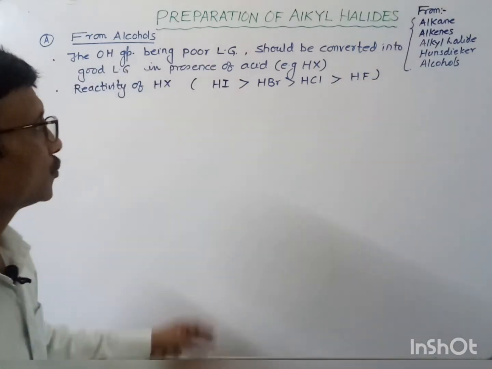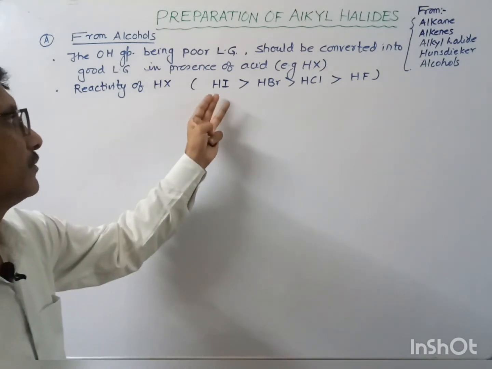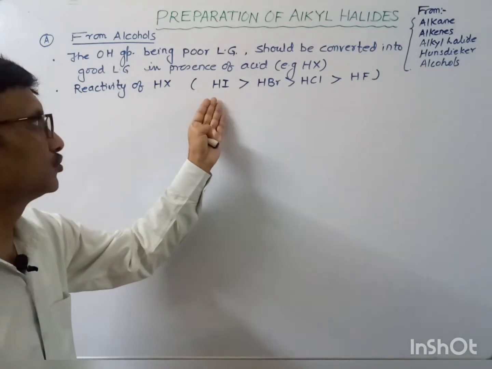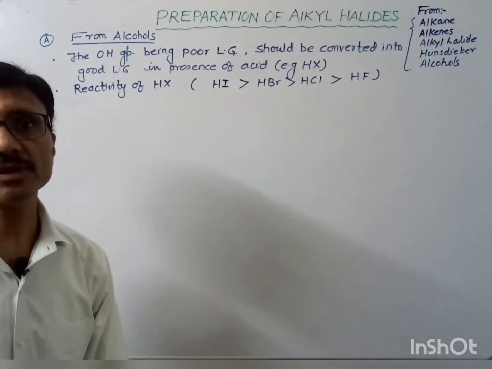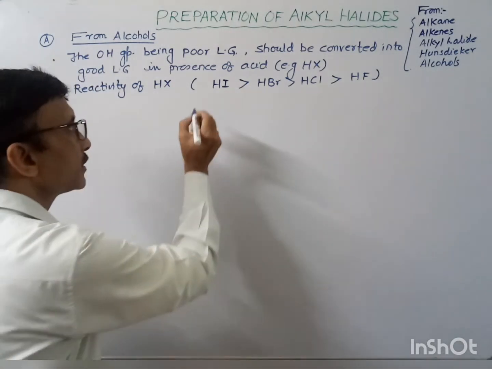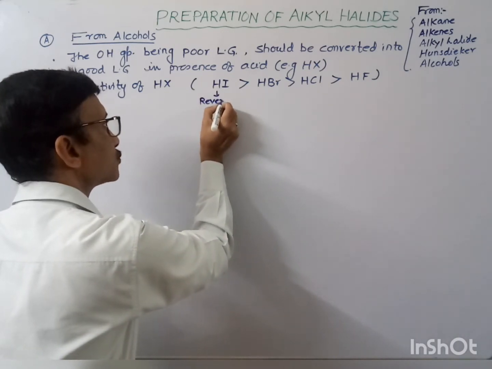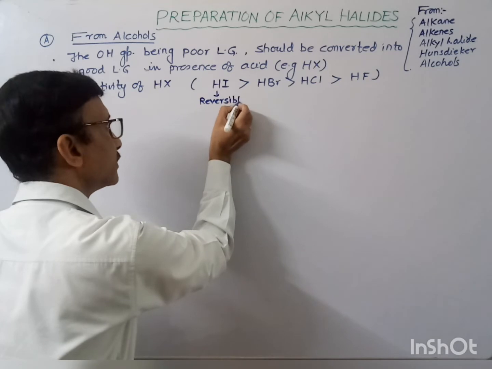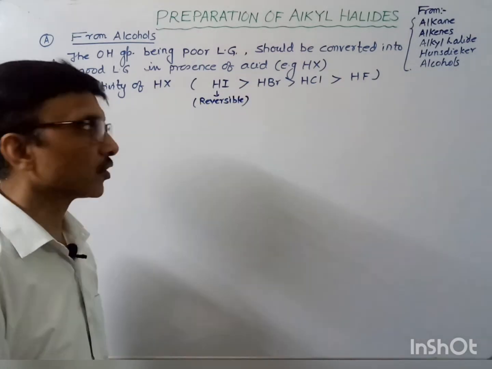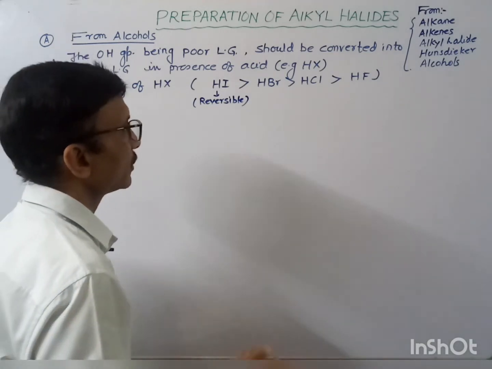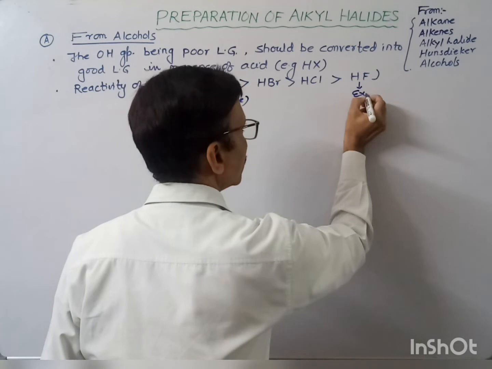Out of these, HI can no doubt be used, but one problem with HI is that it gives a reversible reaction. To drive the reaction forward, we may add some oxidizing agent, which we will see later. The reaction with HF is explosive.